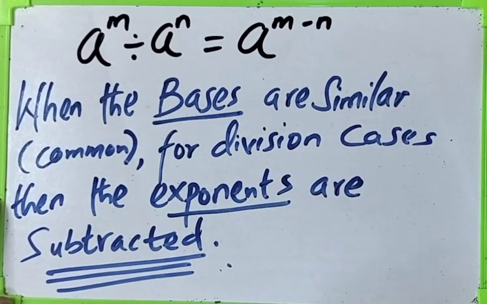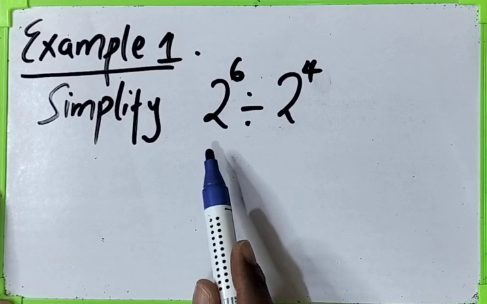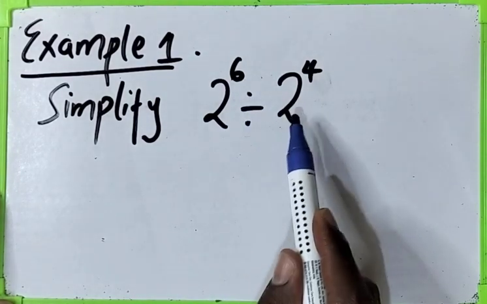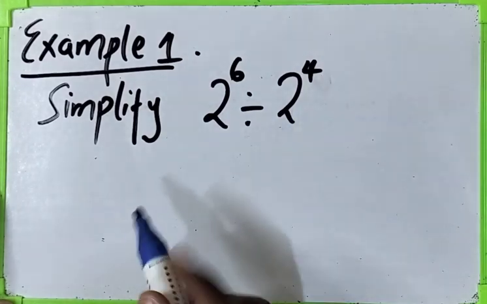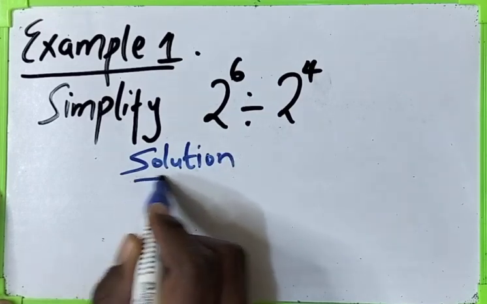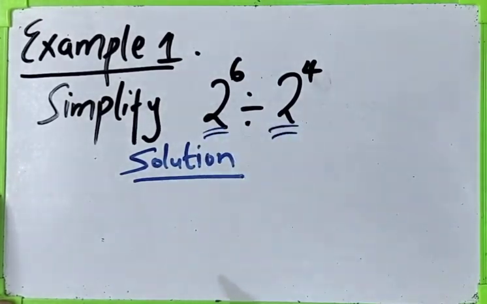Let us go to the example now. So our simple example here, I will give you two examples. So the first example, simplify 2 power 6 divided by 2 power 4. Solution. Check whether the bases are similar. Yes, these are similar bases.